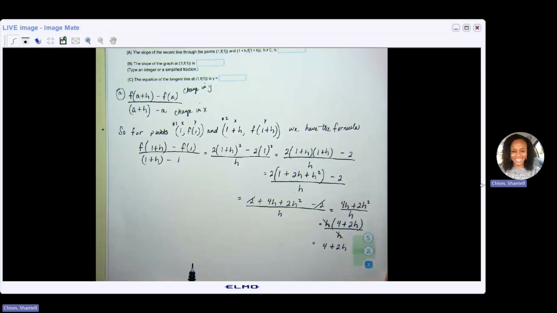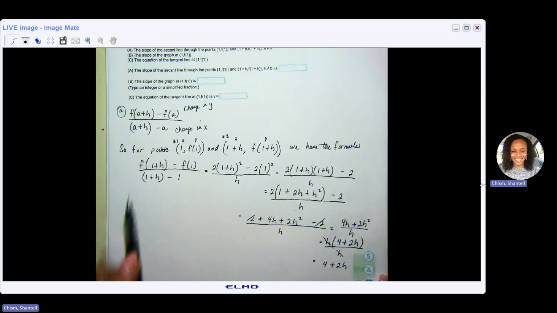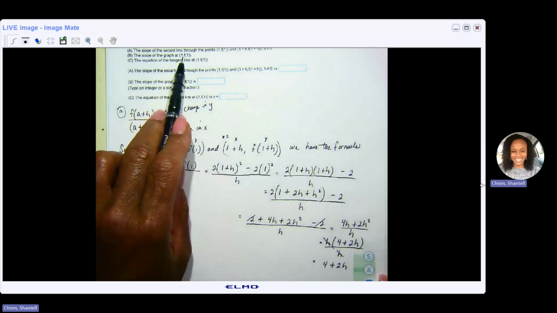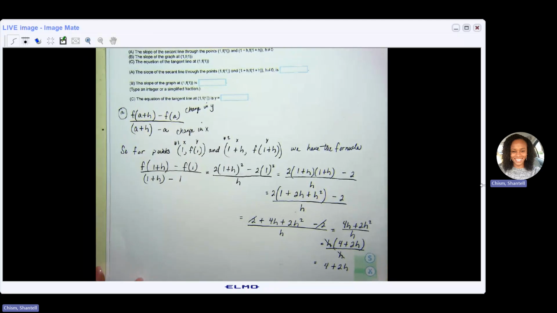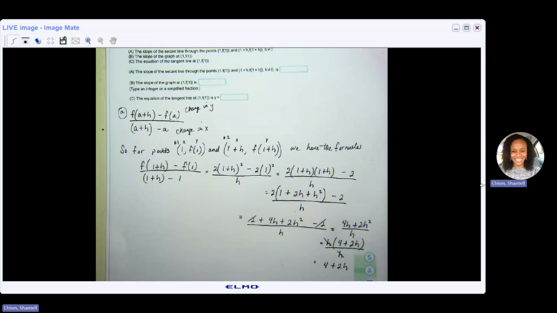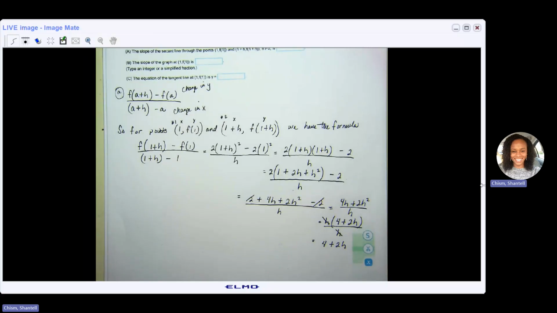For part B, it says find the slope of the graph at this particular point, 1, f at 1. So instead of us actually thinking about slope between 2 points, such as part A, now we're looking for, if you want to, you can think of it as instantaneous change, okay? Or in other words, we're going to take the limit, okay?